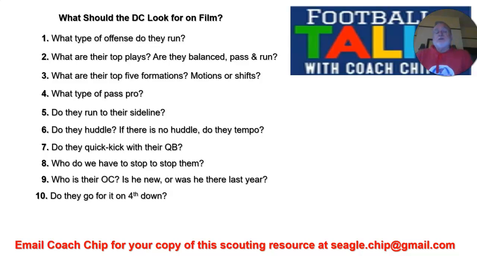But if it's 3rd and 6 at midfield, and this team has a reputation of going for it on 4th down, the defensive coordinator's call needs to be more like a 2nd and 6 call, because knowing that OC is going to run something maybe like power and get 3 or 4 yards. Now he's 4th and 2, 4th and 3. And he's got a doable down. He can run power again or whatever their need 3 yards play is.